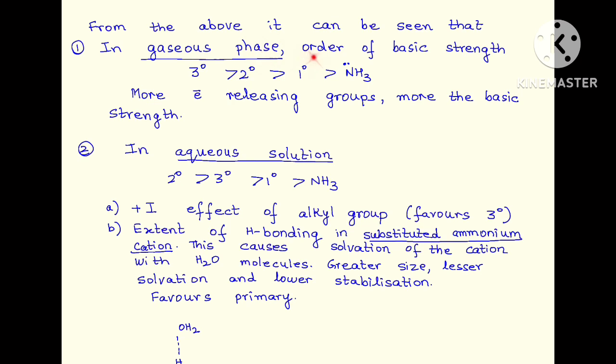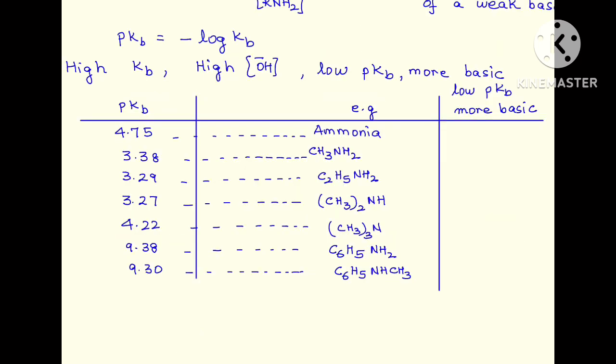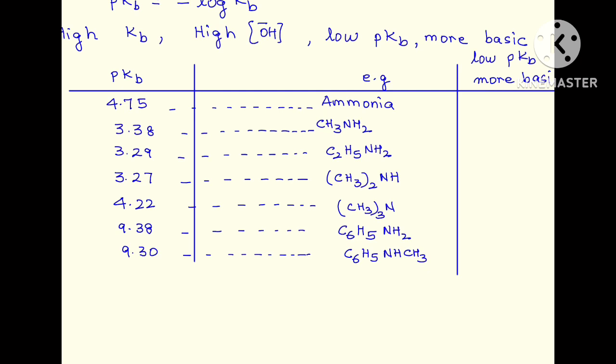So we defined in gaseous state 3 degree, 2 degree, 1 degree, whereas in aqueous solution it is 2, 3, 1 and ammonia. So now let us see this tabulation of the pKb values and various examples.